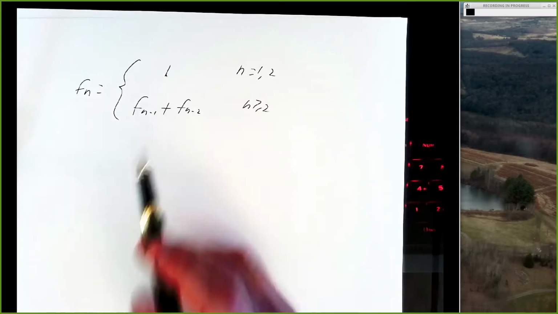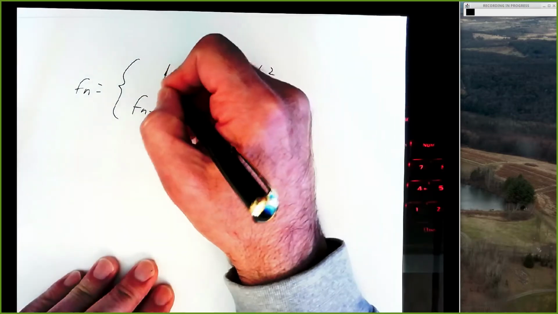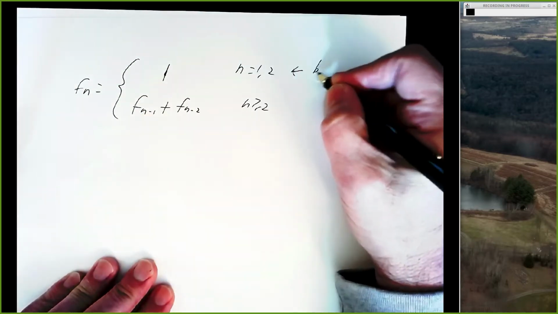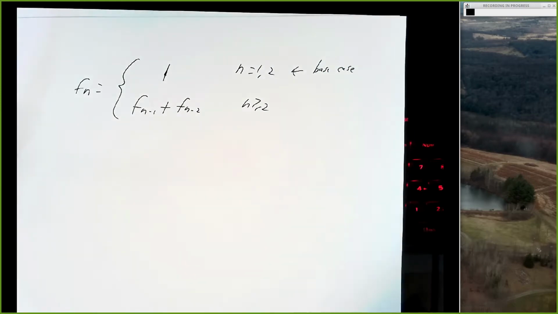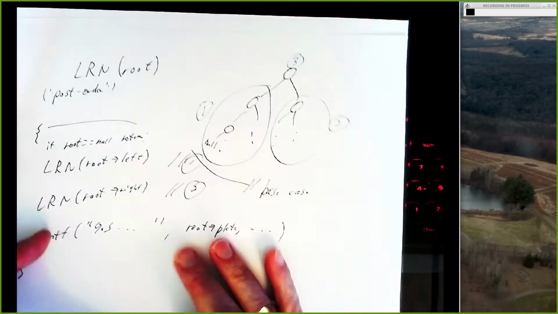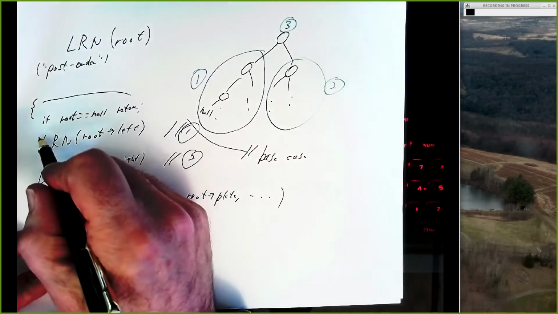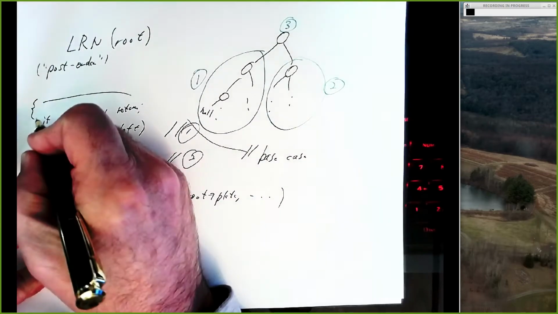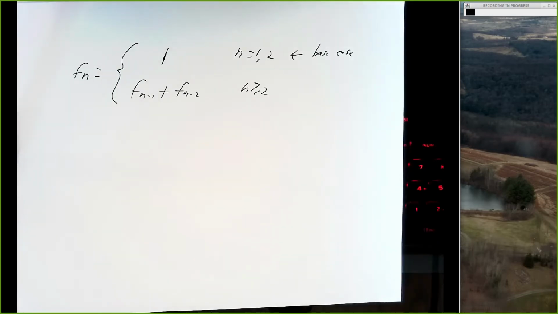Otherwise, it's the sum of the two previous. And this is kind of like a base case. And that's really what's happening here. If we wrote the definition for doing an LRN traversal, it would be, do these things if the root is not null, do this thing if the root is null. But if someone finds a more official name for it, let us know.